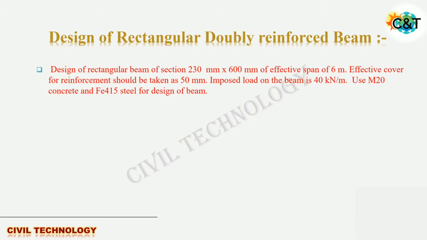Effective cover for reinforcement is given as 50 mm, both on the tension side and the compression side. Imposed load, that is the live load, is given as 40 kN per meter, and the grade of concrete and grade of steel are given as M20 and Fe 415 respectively.